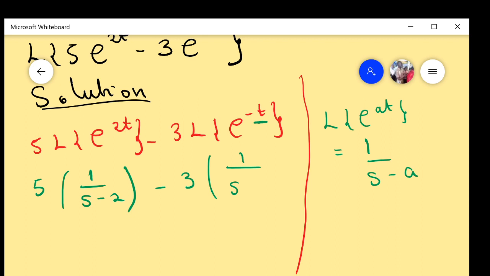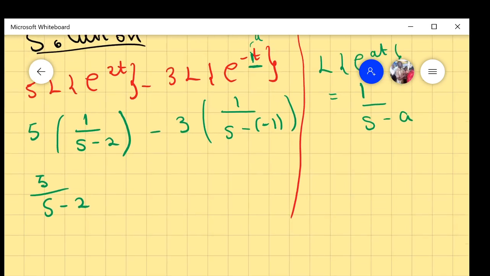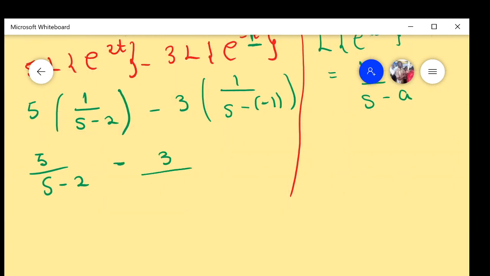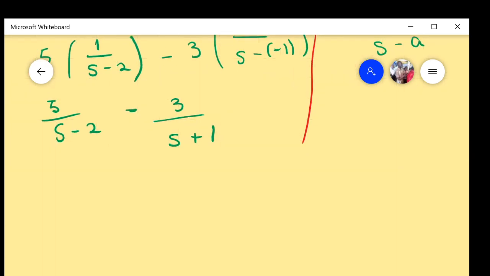The coefficient of t here is minus 1, which means a is minus 1, so I have s plus 1. So I have 5 over s minus 2 minus 3 over s plus 1. You could do the evaluation.